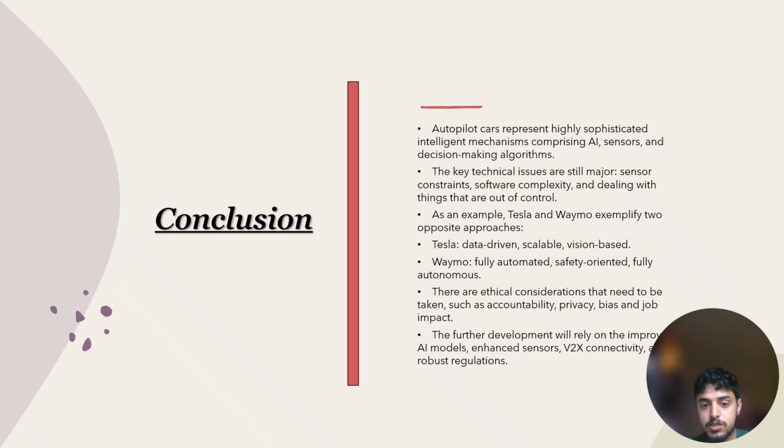The comparison between Tesla and Waymo show that the companies adopt very different strategy, each with the strength and limitation. Ethical concerns such as safety, privacy, job displacement must be addressed before full adoption. With the continuous advancement and research development, autonomous vehicle have the potential to drive global transformation.